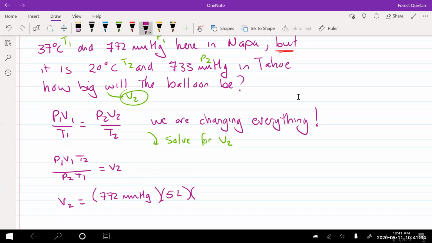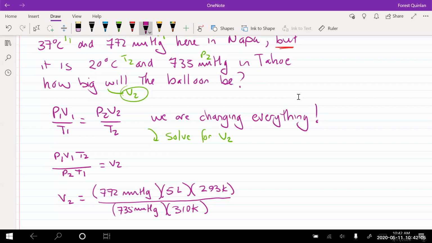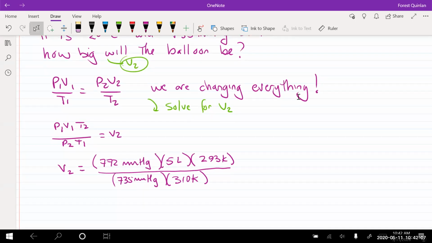We have our T2, which is 20 Celsius, which is 293, I think, all over P2, which is 735 millimeters, and T1, which is, I think, 310. Now, before we actually calculate that, are we going to get bigger or smaller?